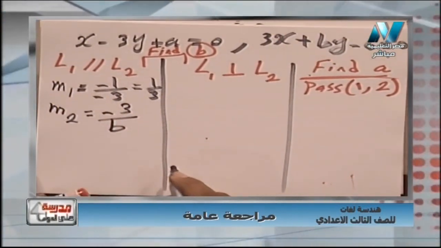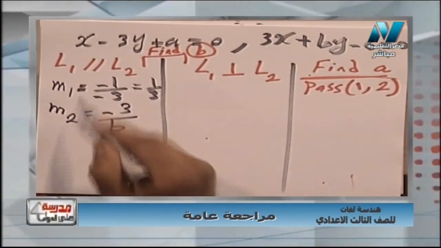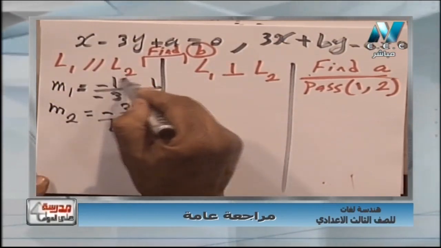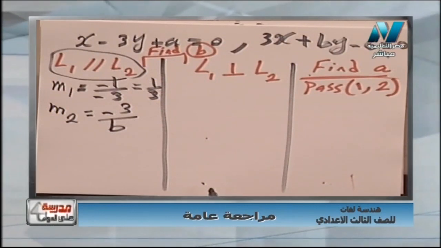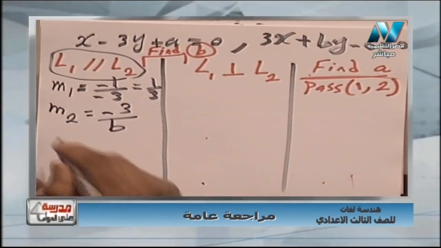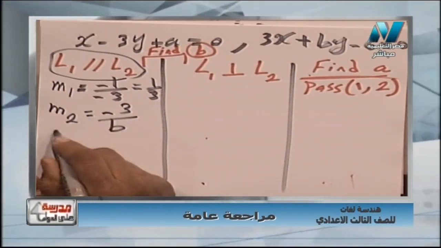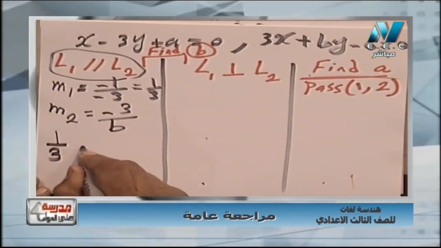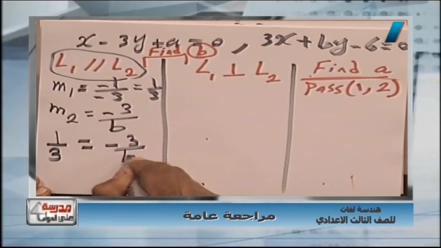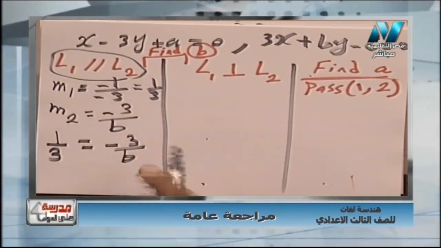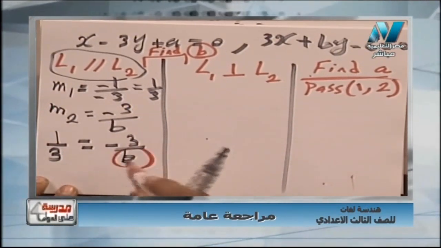Then we have two slopes. In the parallel case, the slopes are equal. The first slope, 1/3, equals the second slope, -3 over b. We want to find b.